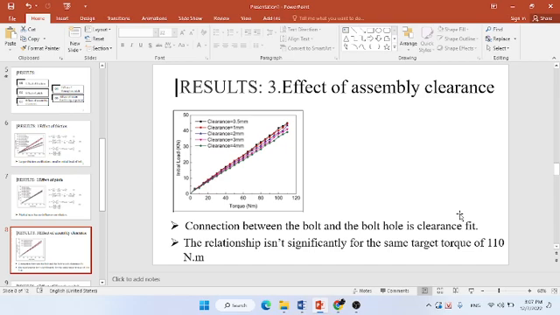The third result I will talk about is effects of assembly cleanliness. The connection between the bolt and the bolt hole is a clean fit.